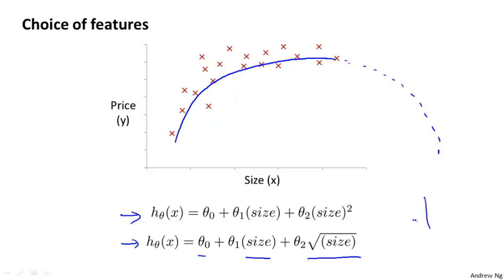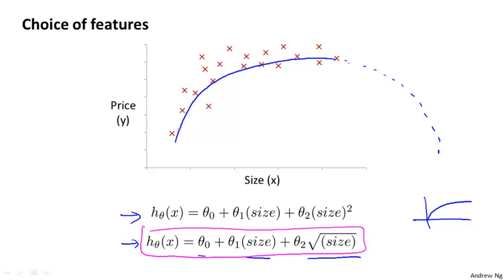So the square root function is this sort of function, and maybe there will be some value of theta 1, theta 2, theta 3 that will let you take this model and fit a curve that looks like that, and goes up but sort of flattens out a bit and doesn't ever come back down. And so by having insight into, in this case, the shape of the square root function and into the shape of the data, by choosing different features, you can sometimes get better models.